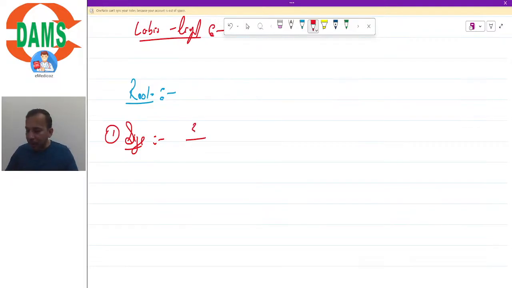Amongst the anteriors, which tooth has the largest root? It is the maxillary canine which has the largest root.